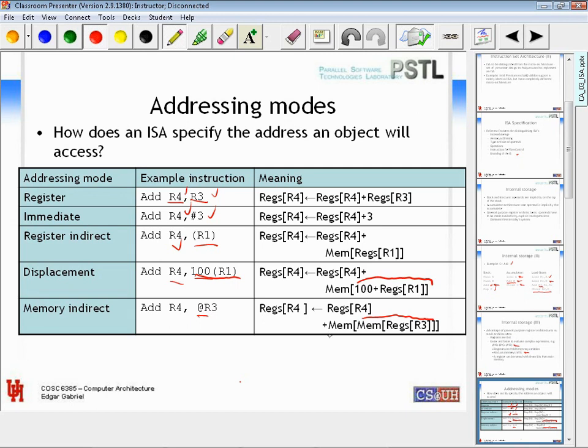And now you can finally use the content of that address to load a particular data item. So for that last step, you have basically the register R3 pointing to a memory address, let's call it mem1. If you look at the content of the memory address mem1, this will point you to a second memory address mem2, and the content of mem2 is what you're really interested in in the memory indirect addressing mode.